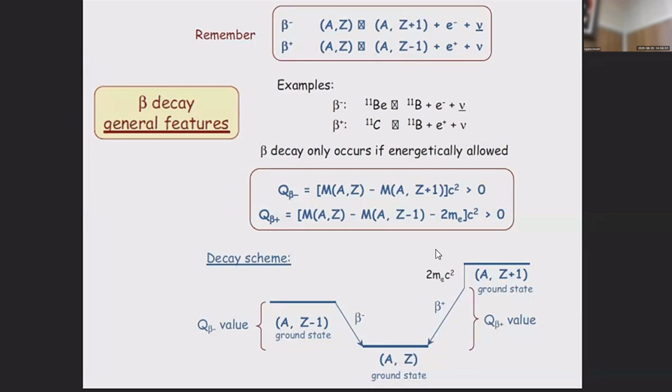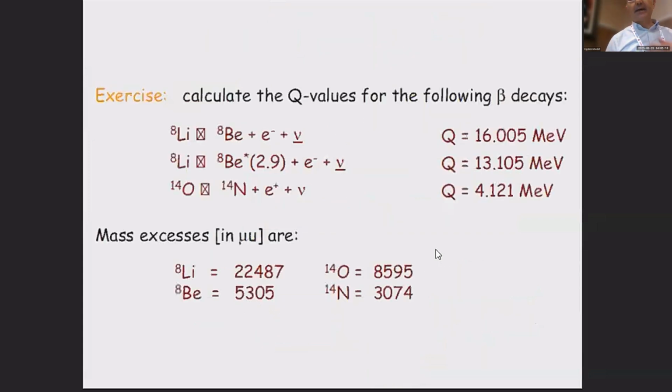Q values are again delta m times c squared. And as you see, this is the Q value when you have beta decay, when you have positron decay or beta plus decay. These are two competing processes, actually, for beta decay.